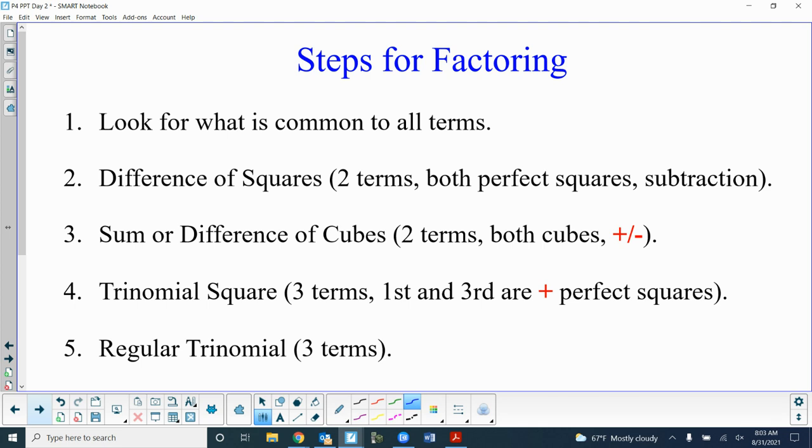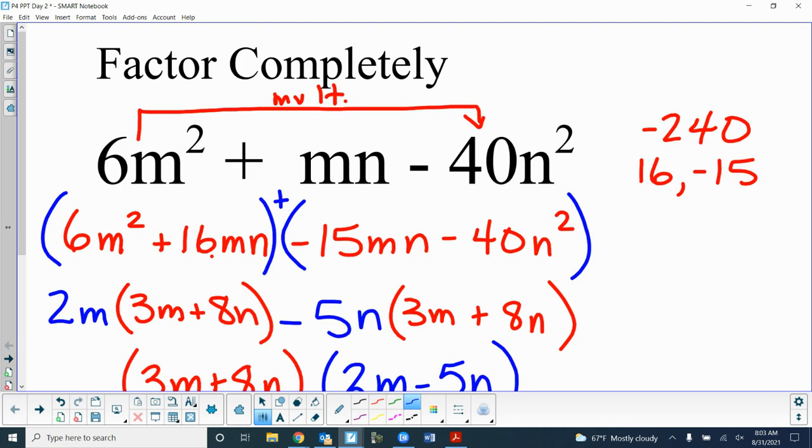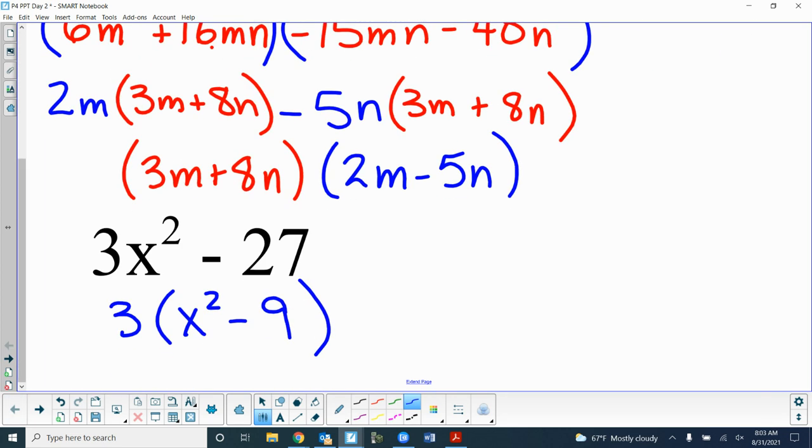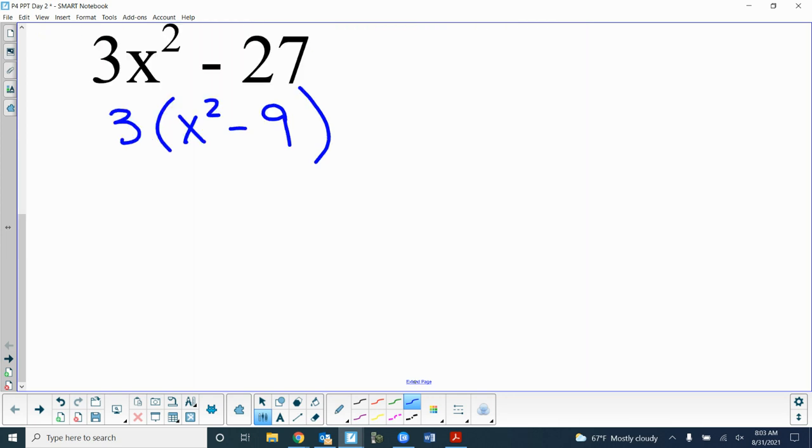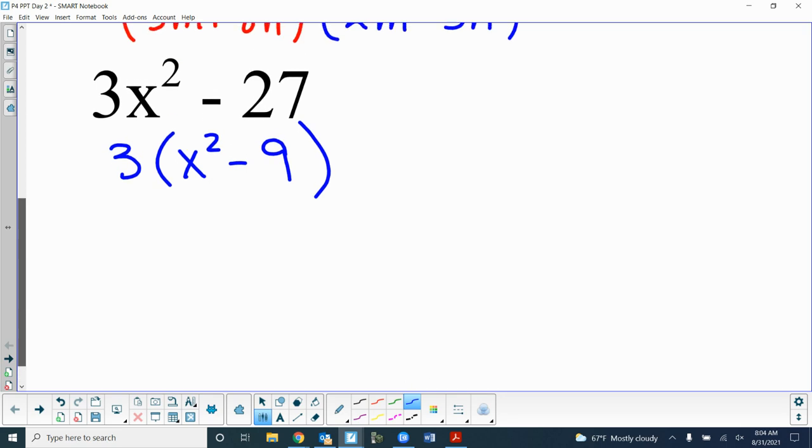Number 2 on our list that we think about as we factor is a difference of squares. 2 terms, both perfect squares, subtraction. Any variable to an even power is a perfect square. So I have to do another step, like a factor tree. I got my two branches there, and I got to go 2 more branches there.